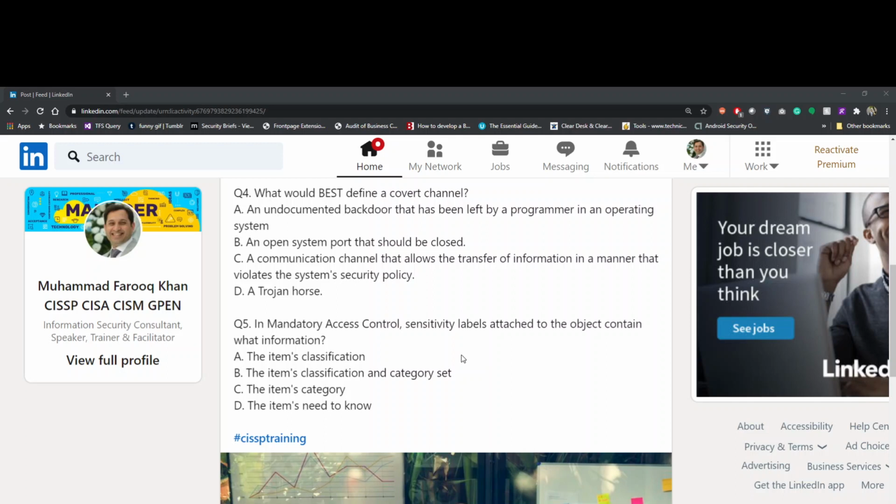So before a subject is allowed access, that subject must have a need to know, like a business justification. It's not just enough for them to have a security clearance. With the security clearance, they should also have a business justification, a need to know, in order to be granted access to that object.